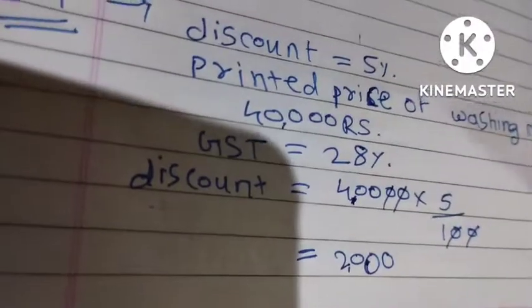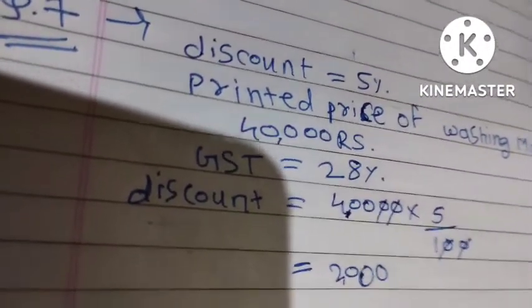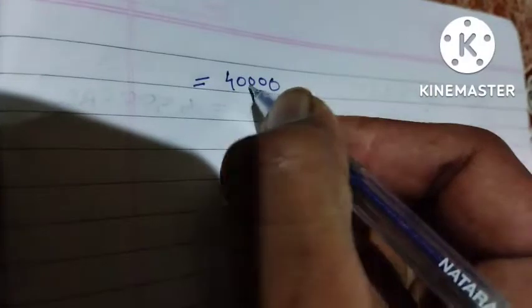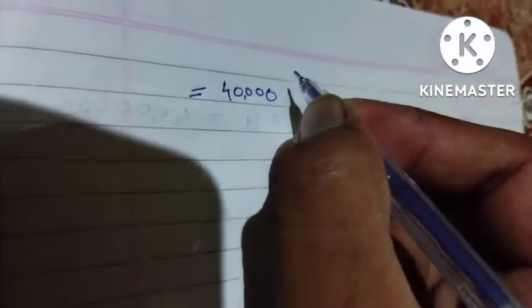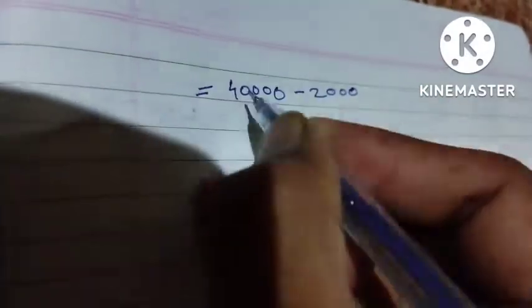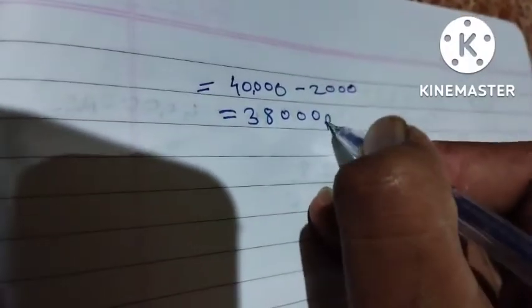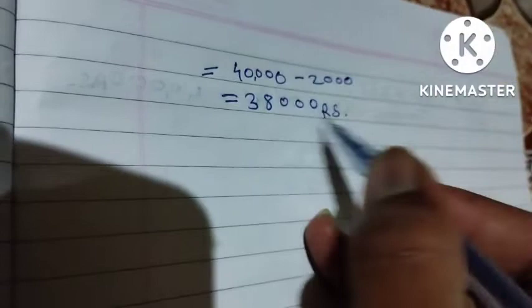So for the purchase price of the washing machine, let's find the taxable value, which is the discounted price of the washing machine. 40,000 minus 2,000 is equal to 38,000 rupees.